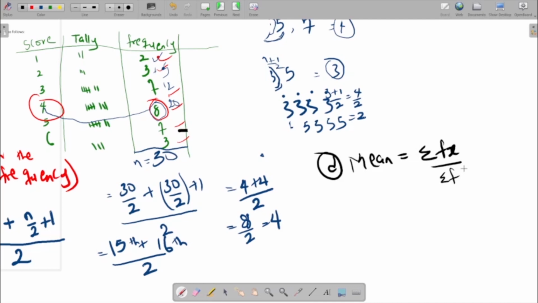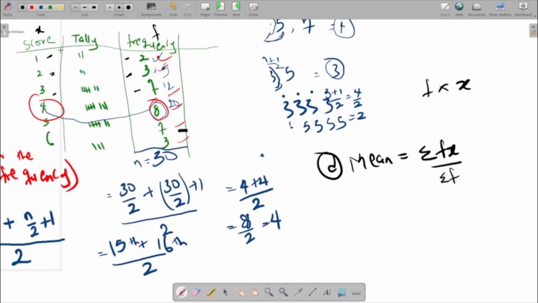The summation means you're adding all of them together. So the f that you have here is the frequency, and the x is represented by this score here. It means that we multiply this and this together, this and this together, this and this together.